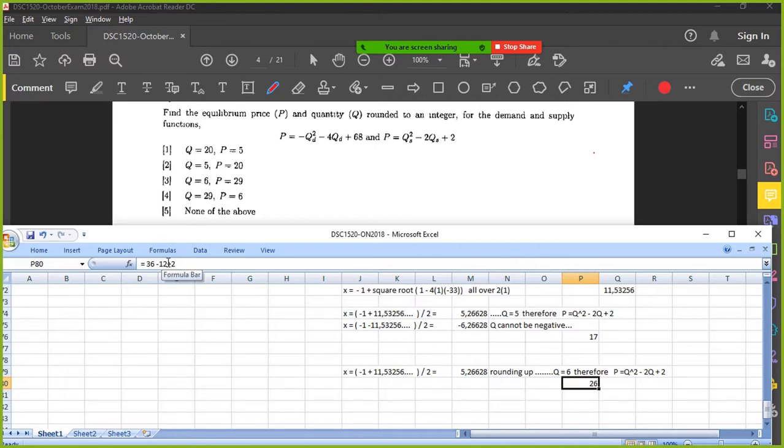Also not there. Oh, actually it is there. No, that's 29. Not 26. I'm looking at that one and that one.